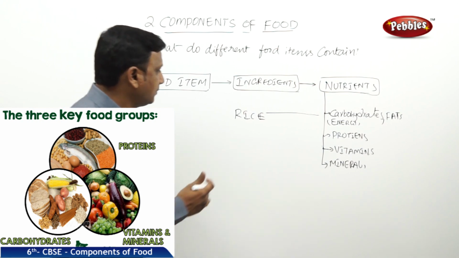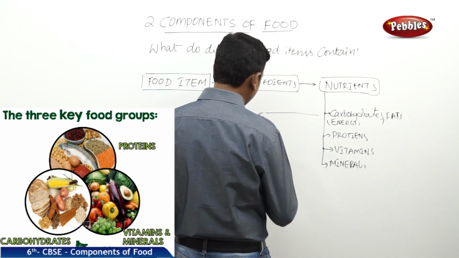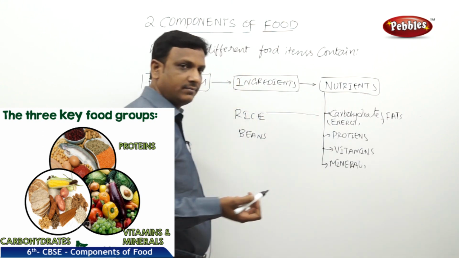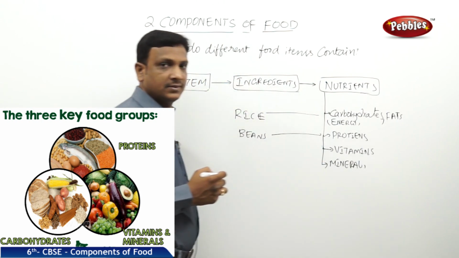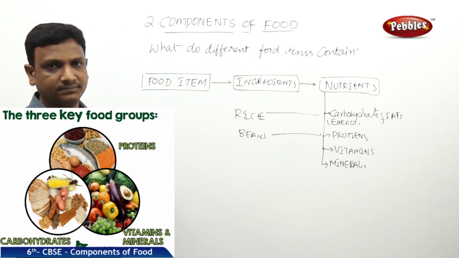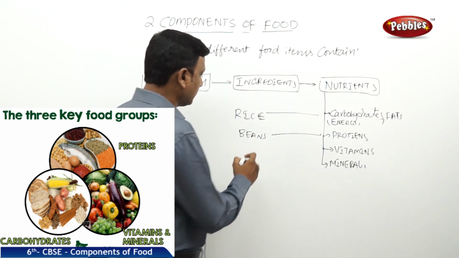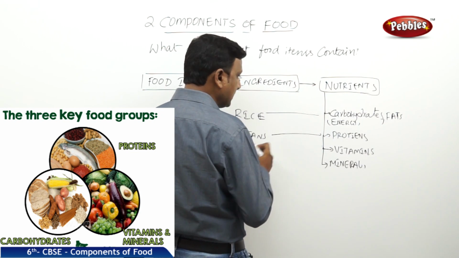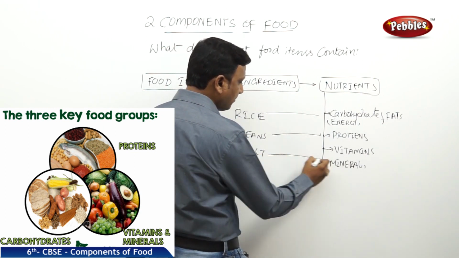If you take beans or meat of an animal, it contains a large amount of proteins, and less fat and carbohydrate. Likewise, if you take any other food item like salt, it doesn't contain any carbohydrate, protein or vitamin, it will contain the mineral.